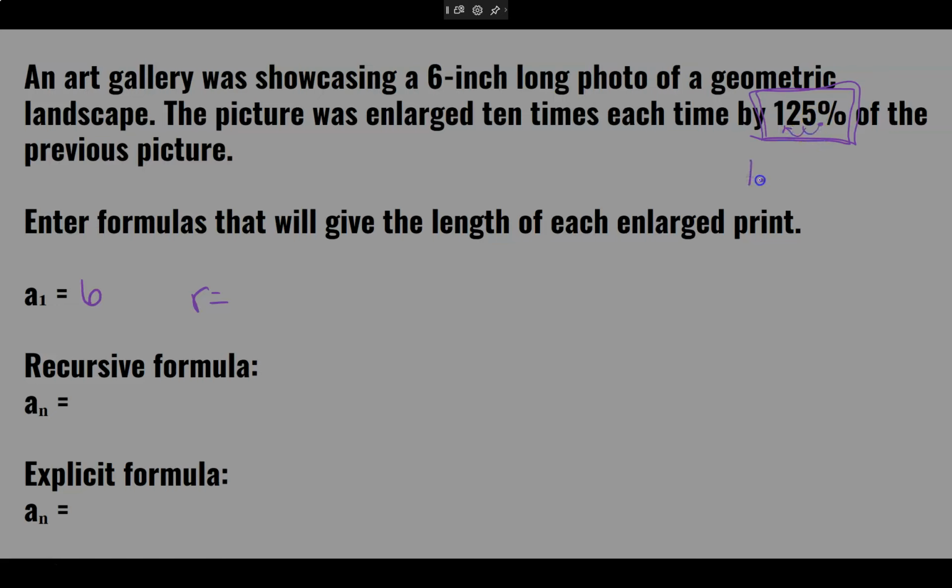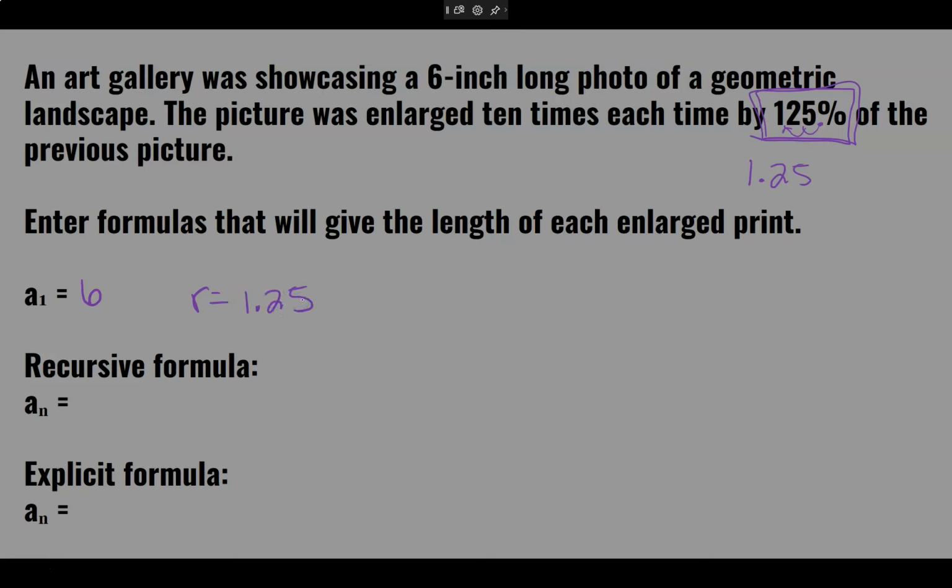So it becomes 1.25. When you're multiplying by a ratio like this that's bigger than 1, that shows growth. If I was multiplying by a ratio that was like 0.2, 0.8, that's less than 1, that would show that you're losing value and it's decaying over time. Okay, so this one is growing, which does tell me it was enlarged. So my ratio is 1.25.